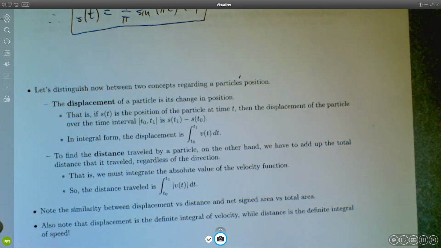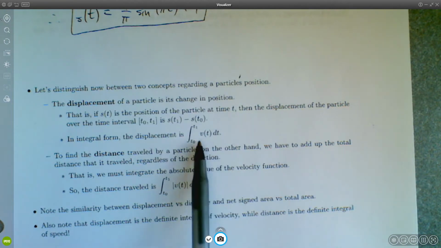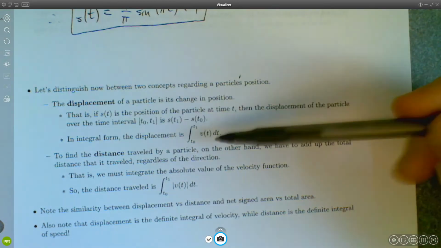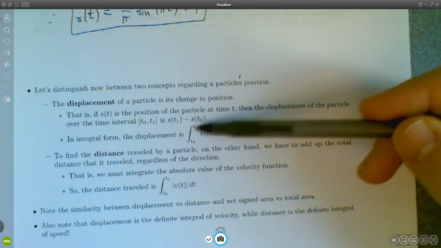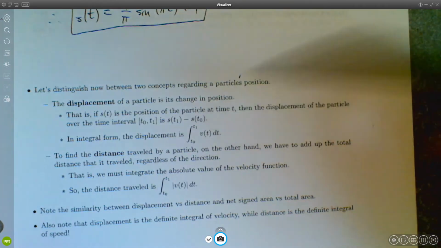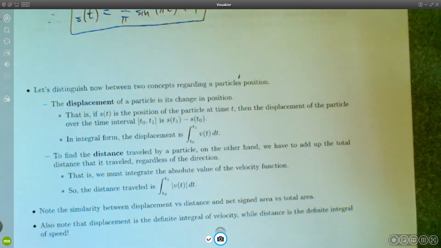So in integral form, it would be the integral of the velocity, evaluated from time t0 to time t1. So that's going to give us the displacement. That just tells us the overall change in the particle's position.